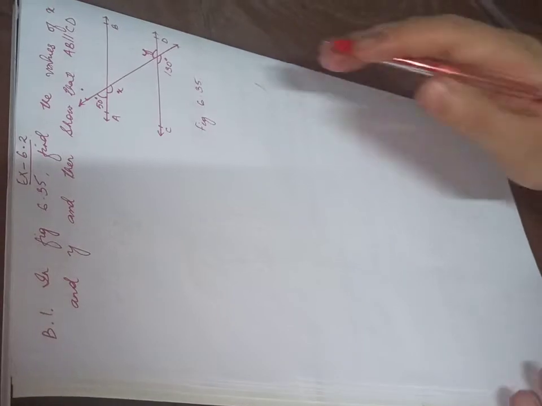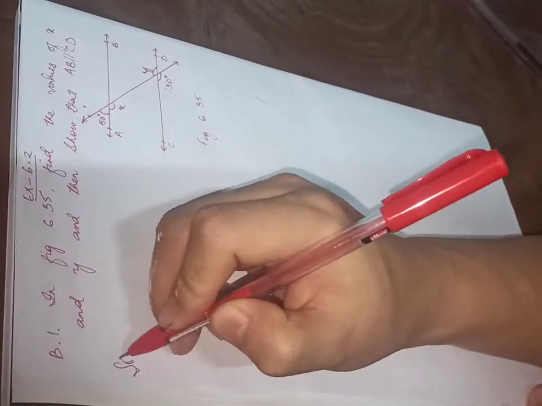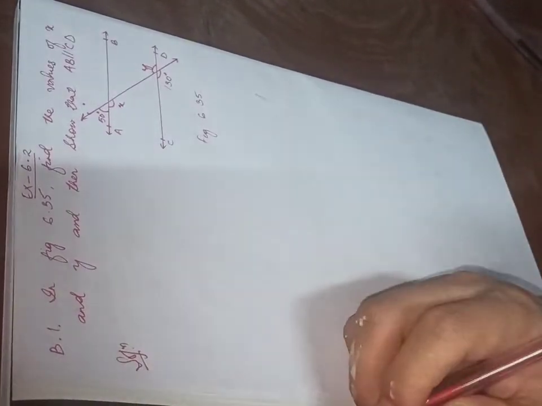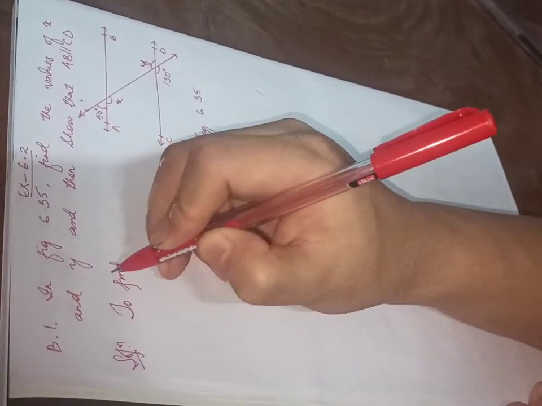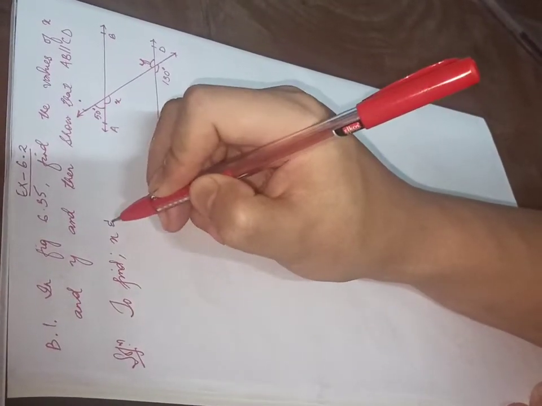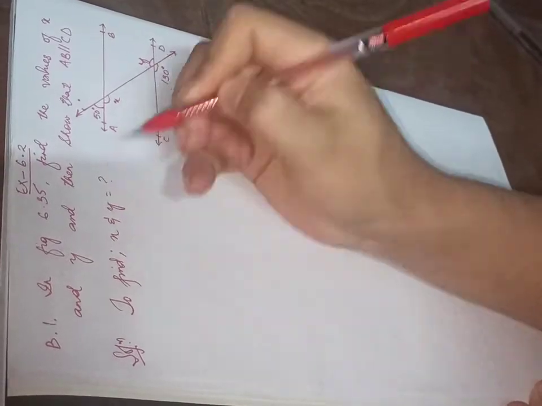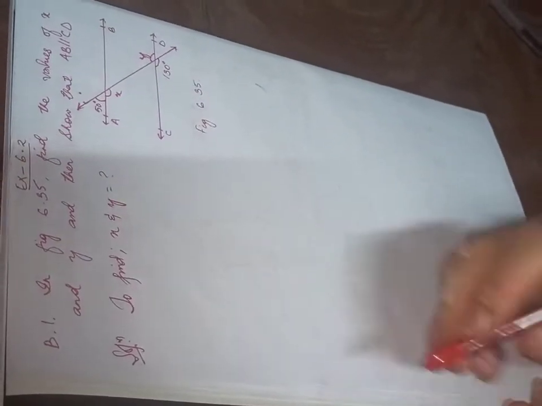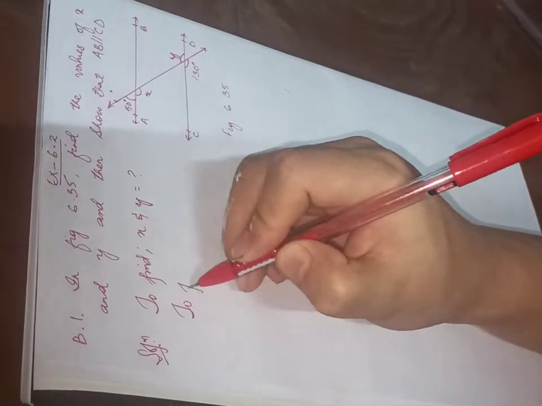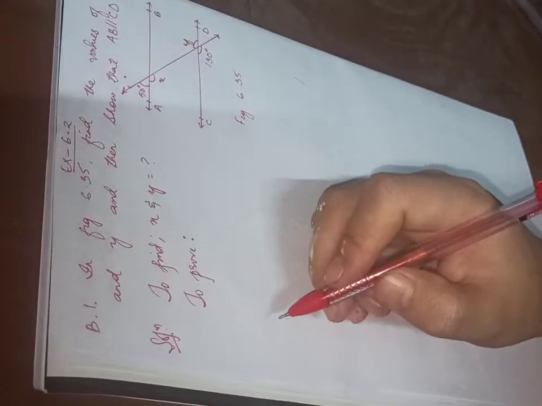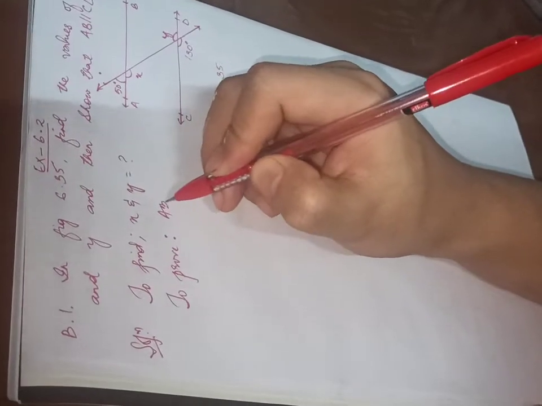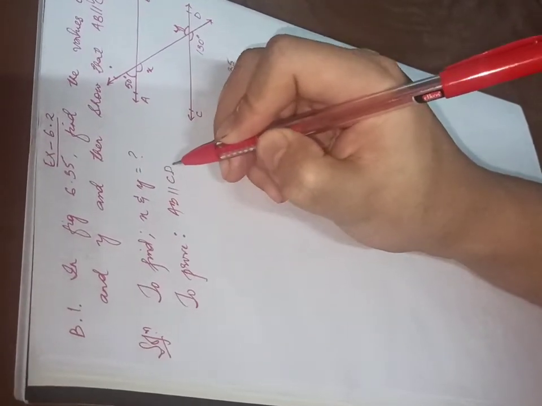Is it okay? So let's write down our answer as solution. We need to find x and y equals question mark. We don't know. And then we need to prove, or to show. To show and to prove mean the same thing. So to prove is that AB is parallel to CD.